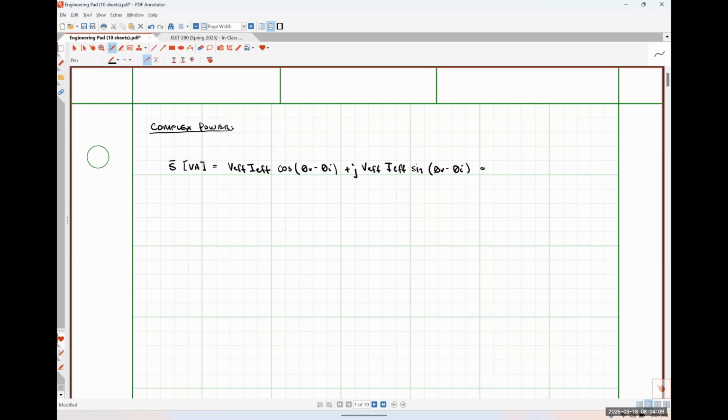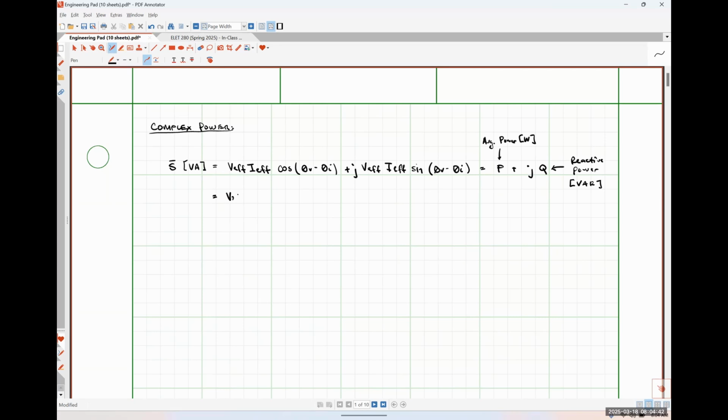And I simplified this to the relationship P plus jQ, where P was the average power measured in watts, and Q was the reactive power measured in volt amperes reactive, or VARs. And then we also had a polar form representation of our complex power.